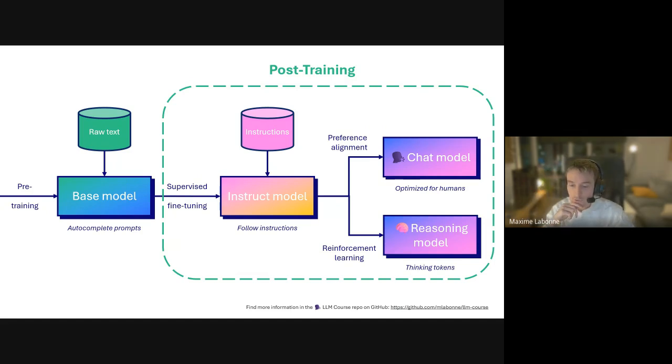It is used in the industry by every lab I know, and usually what is used is the very simple model soup. Model soup is just averaging the weights. Meta released a paper a few days ago about how they do this model soup. It's called LLM souping or something like this, I'll try to find the link.